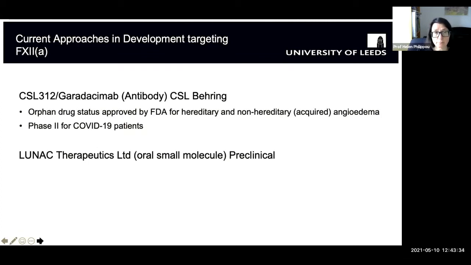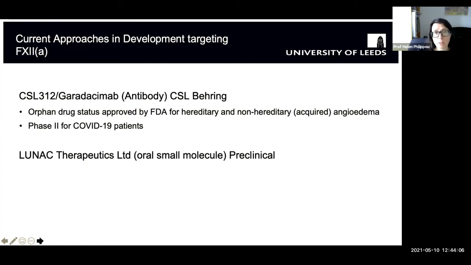Next slide, please. So with respect to factor 12, there are currently two approaches that are acknowledged. There may be other work going on in the background, but I've only noted ones that are going for anticoagulant indications. So there's an antibody being developed by CSL Behring, where the initial indication they went for was hereditary angioedema, and that's actually just recently been approved by the FDA.